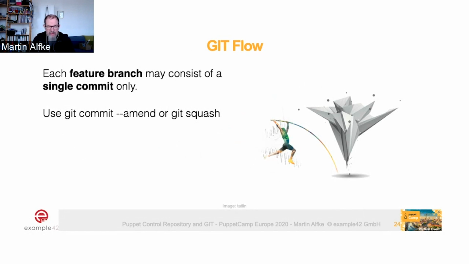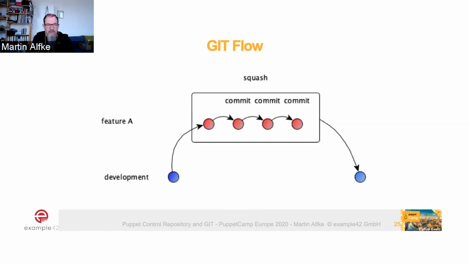So either add additional commits not just with git commit, but use git commit --amend, or when you have finished your work, use git squash prior to rebasing, use git squash to put multiple commits together into a single commit. Again, a little picture that describes this.